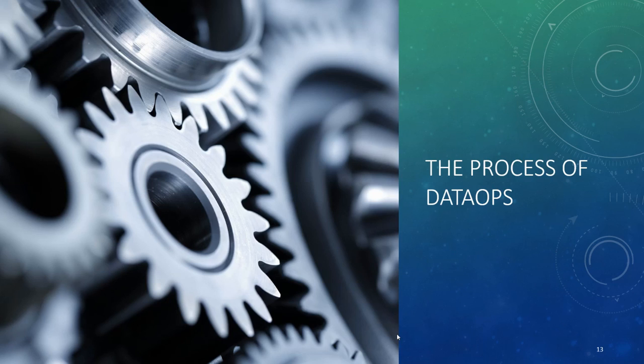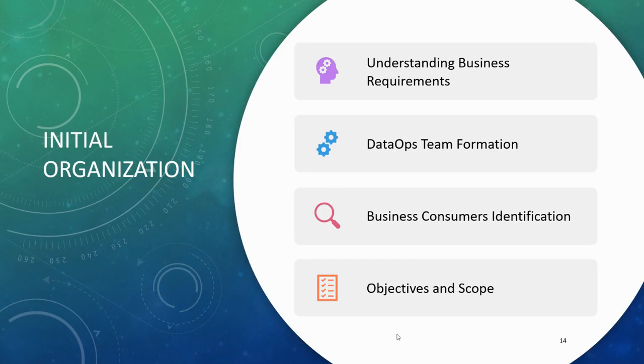And now basically the process of DataOps is mostly divided into three main processes. The first one we can call the initial organization, where we have four main sub-processes. The first one is understanding the business requirements, as in any other software development process. Then we need to proceed to the formation of the DataOps team, which has to involve people from the business side of the corporation, from the data science part of the corporation, and the developers.